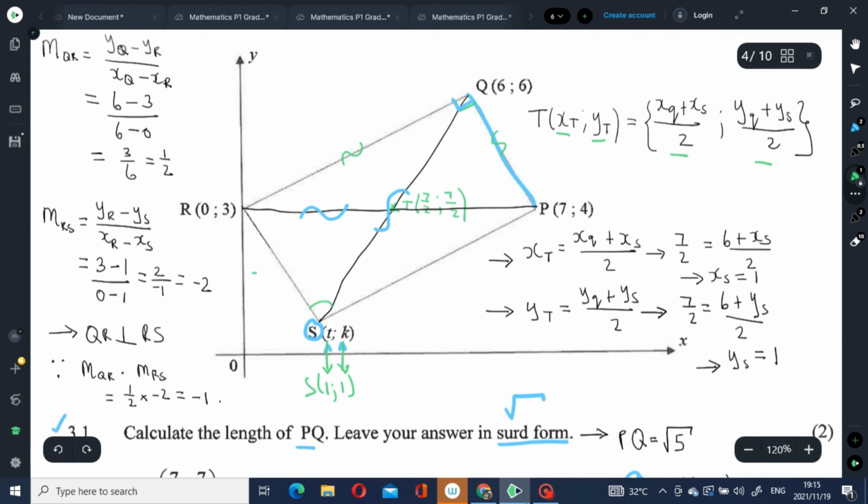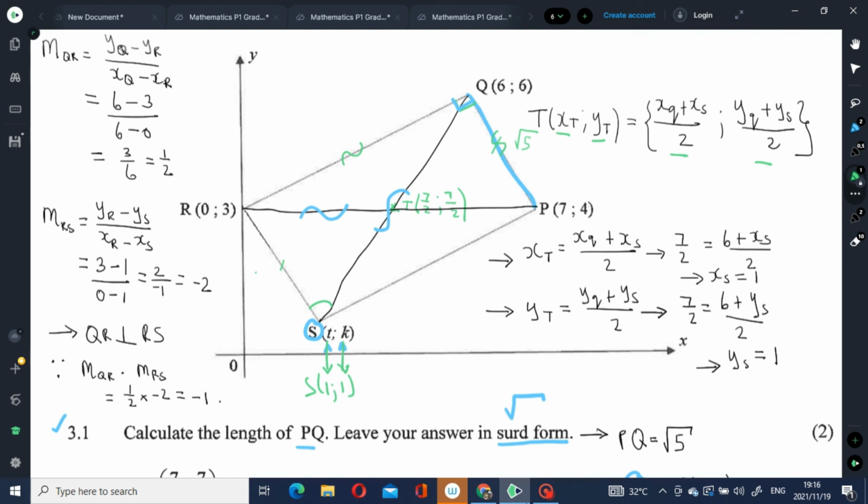So earlier on, we found QP to be the square root of 5. Because this is a rectangle, the distance RS should also be the square root of 5, because for a rectangle, opposite sides are equal in length.